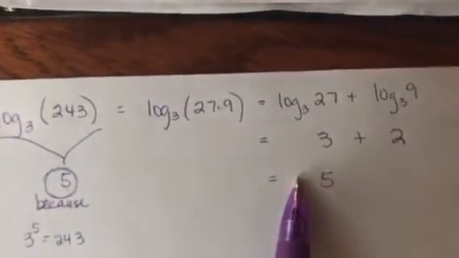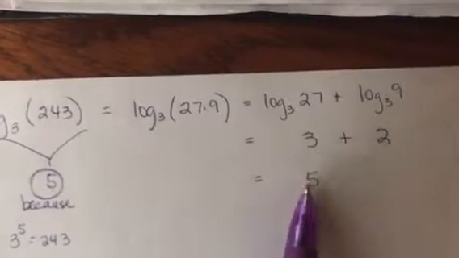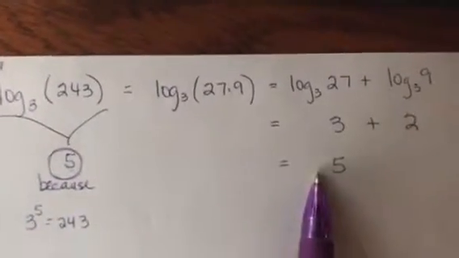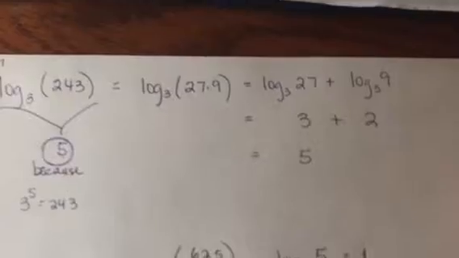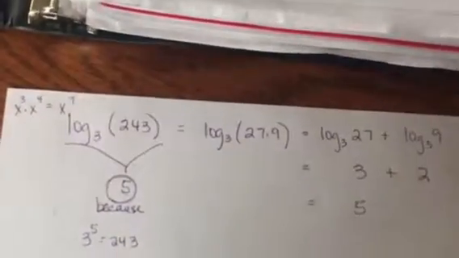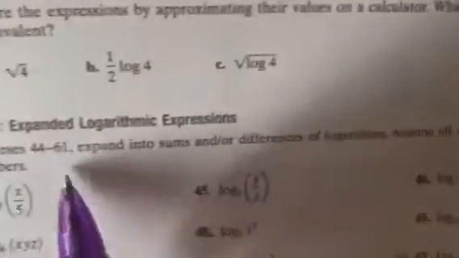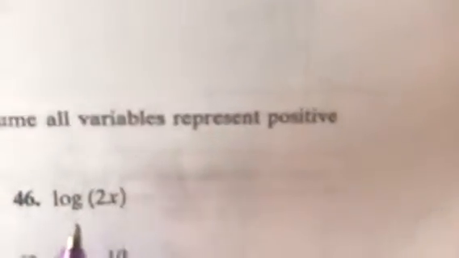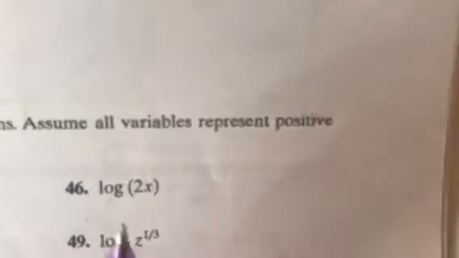Now what I'm showing you here, you're going to be like, who cares? I'm showing you a property right here so that when you get ready to do something like number 46 right here, and it says, expand into sums and or differences, I could rewrite this. And by the way, you don't even see the base here.